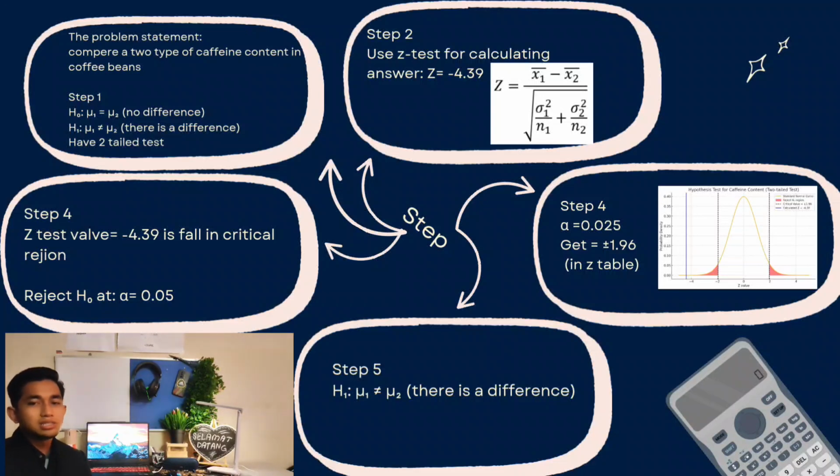Since negative 4.39 falls outside the critical range, we reject the null hypothesis. Finally, the conclusion: there is a significant difference in caffeine content between the two coffee types. Thank you. And then I want to pass to Shahrul.